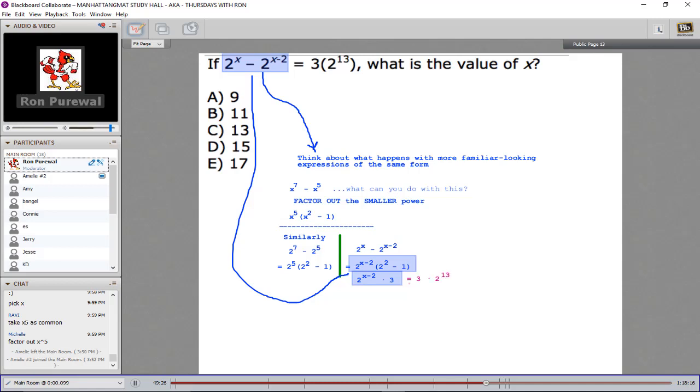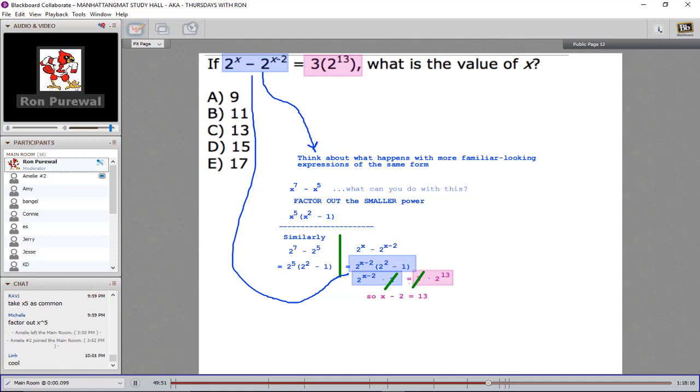Because that's this. So the 3s are gone, and you end up just realizing that x minus 2 is 13. There you go. Any questions about this?